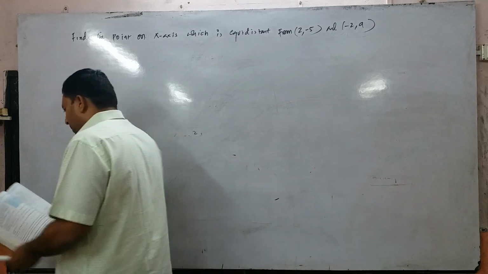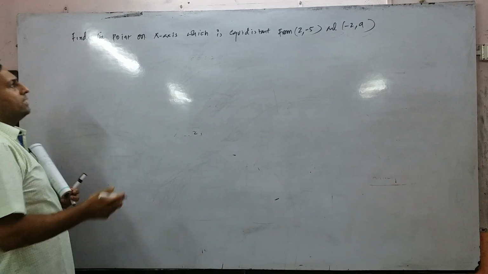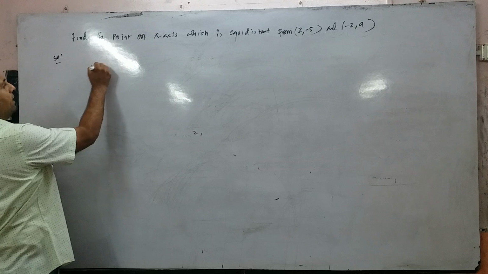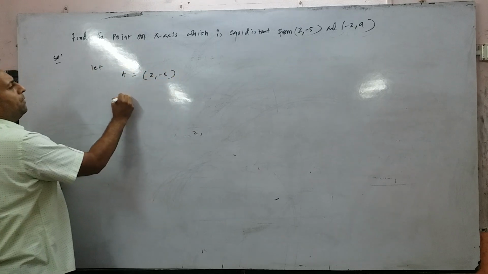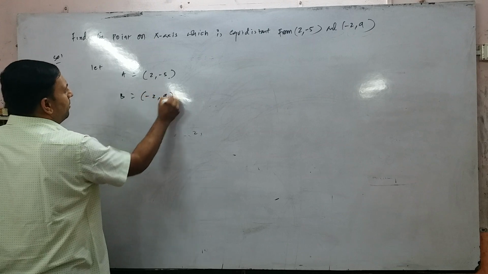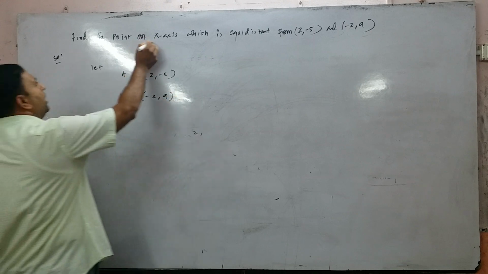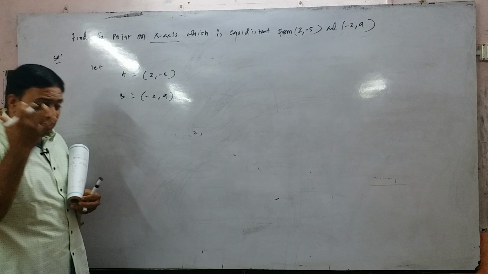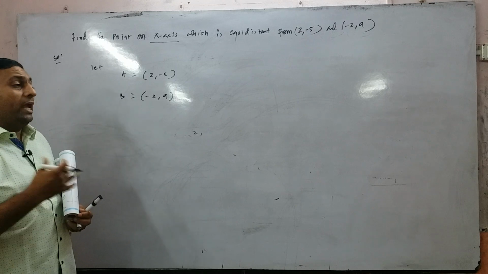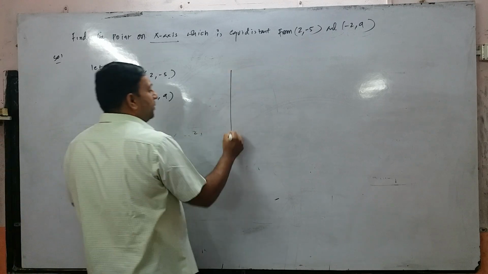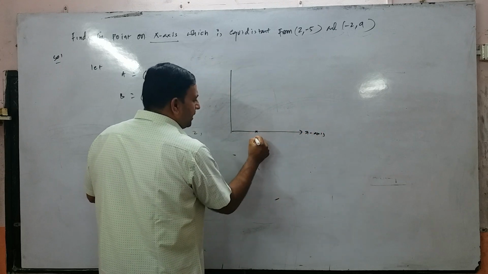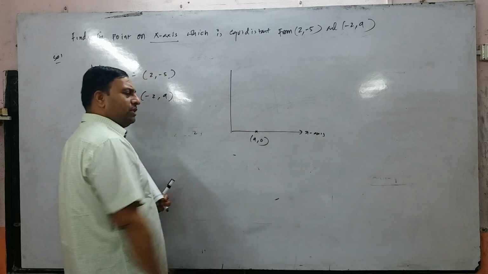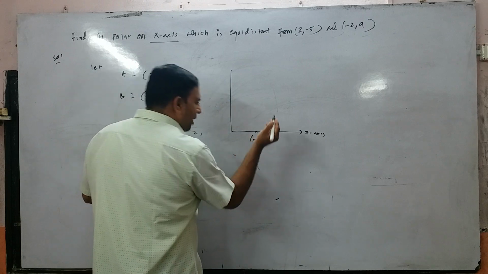Now he is asking you a point on the x-axis. Right? Now let us assign them. Let A is equal to 2 comma minus 5, B is equal to minus 2 comma 9. But I want a point on the x-axis. Remember, in the first introductory class I told you, any point on the x-axis will be of the form x comma 0.